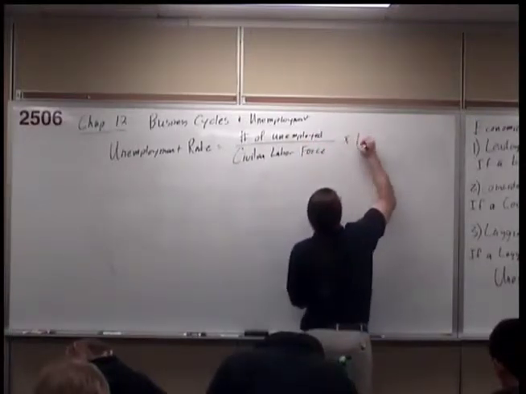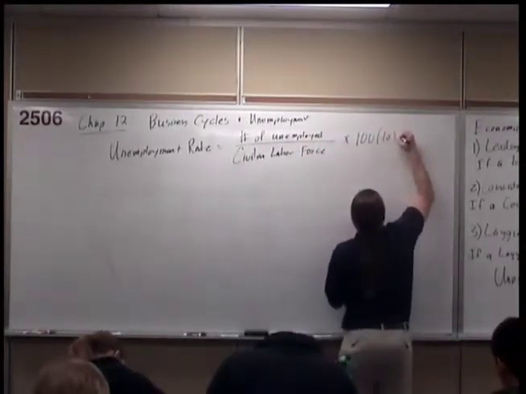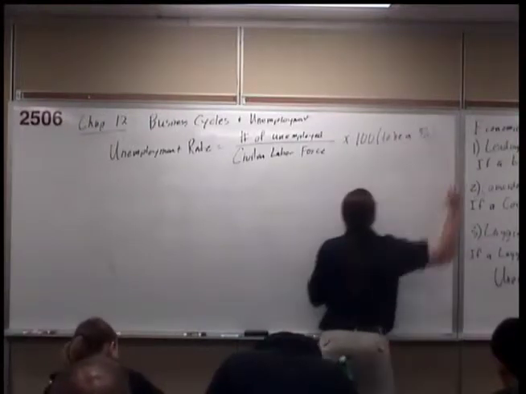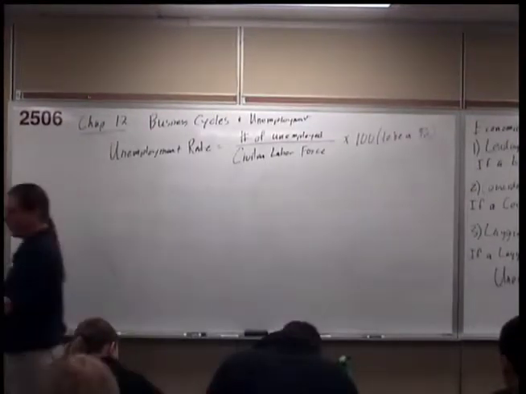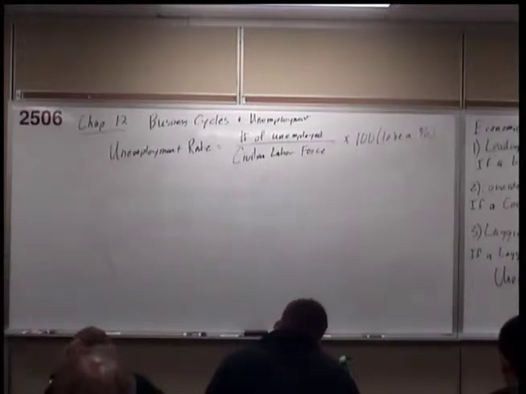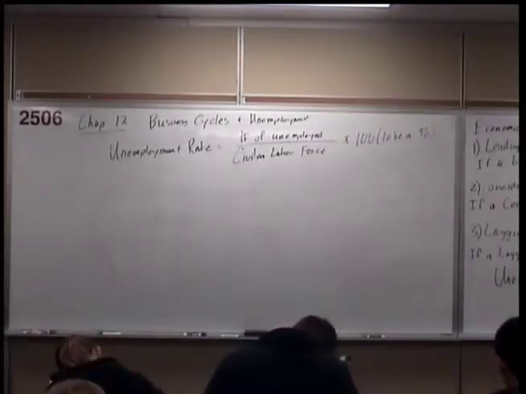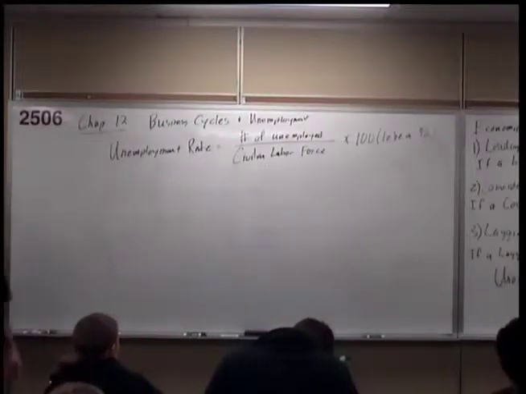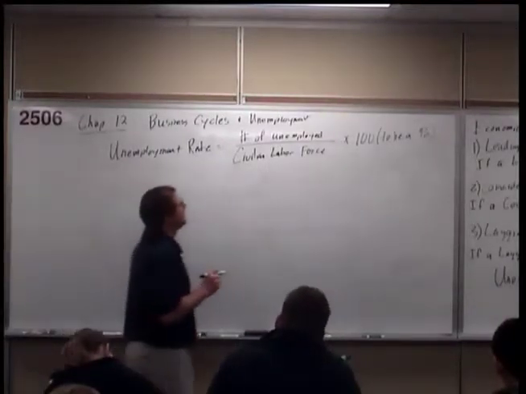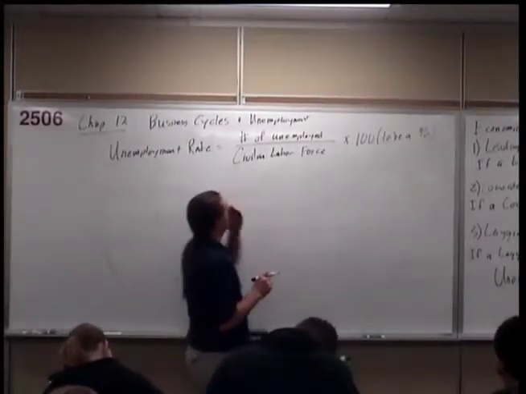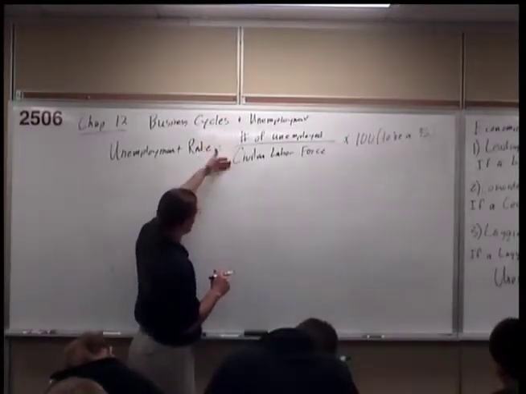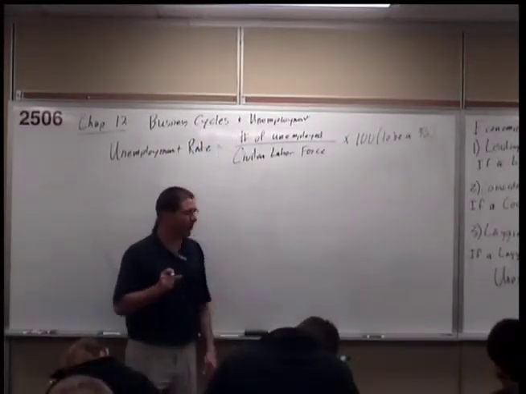And then we multiply that number by 100 to convert it into a percentage, right? Because we like to say that the unemployment rate is 7.9%. All right? In order to do that, you always have to multiply by 100. So here is the straightforward, real easy way to measure the unemployment rate, right?